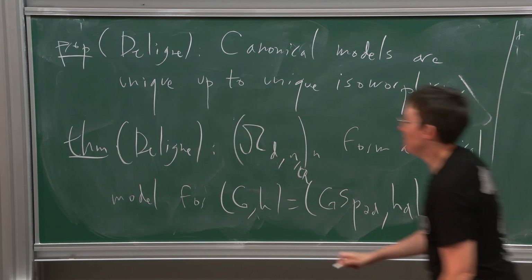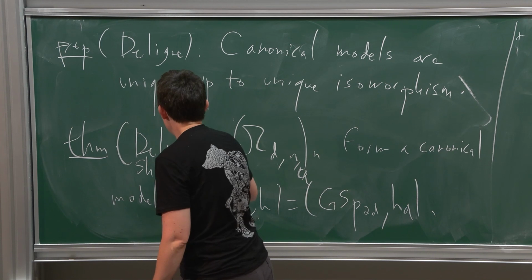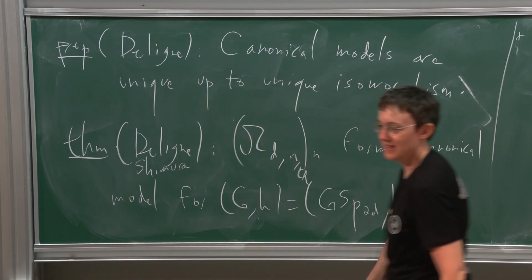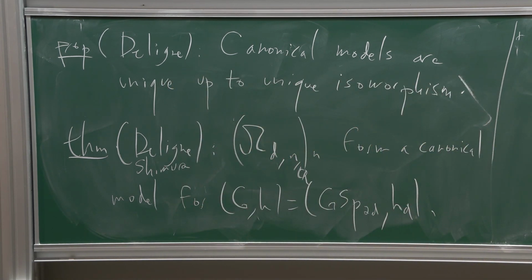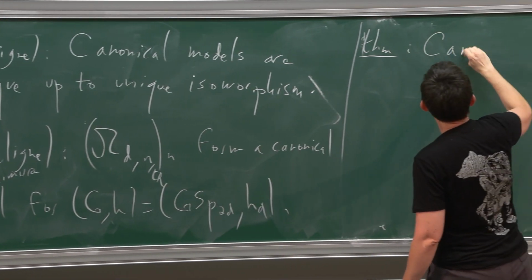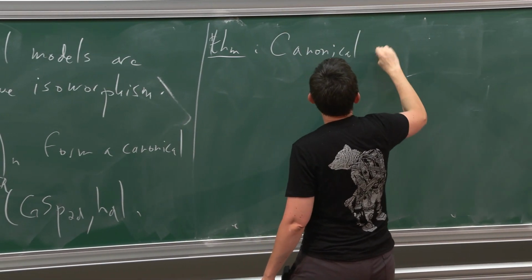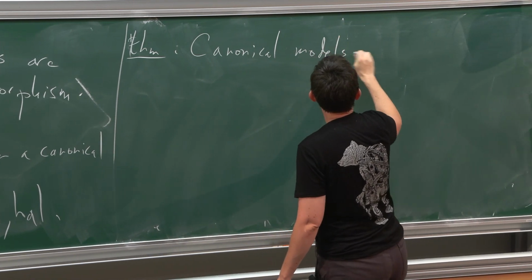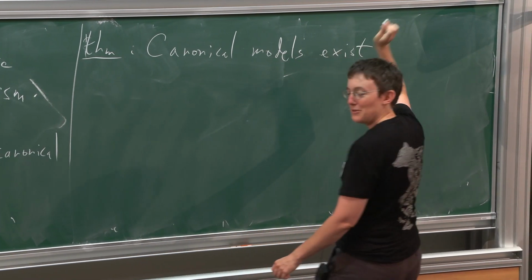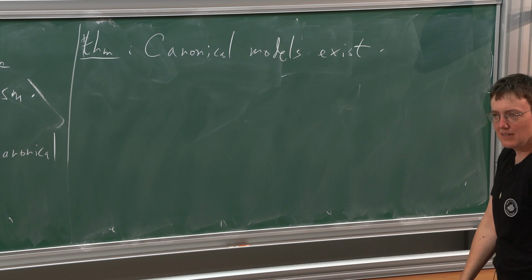So maybe I should say the Lyon than Shimura, because the main theorem of CM is Shimura. And, well, parting word, which, I don't want to end on that for the talk, but canonical models exist.